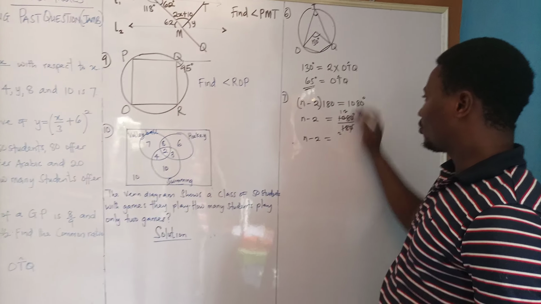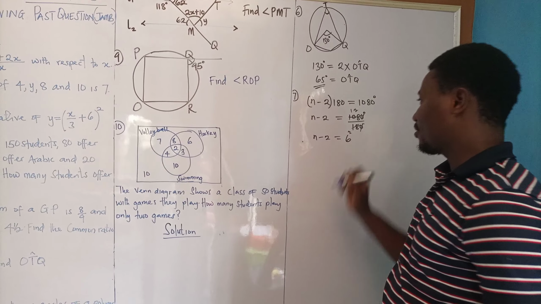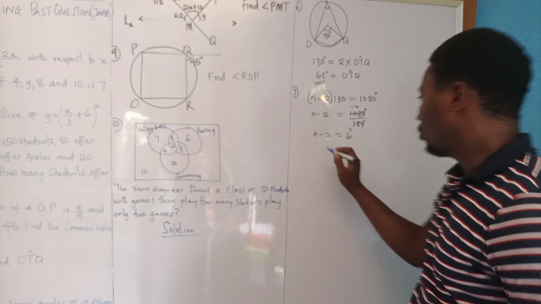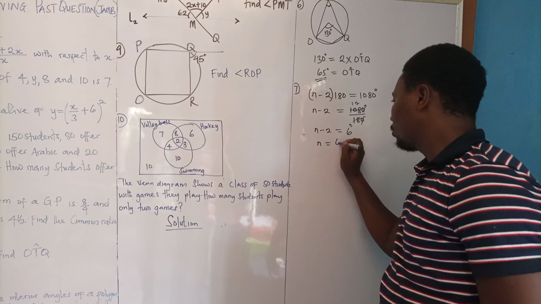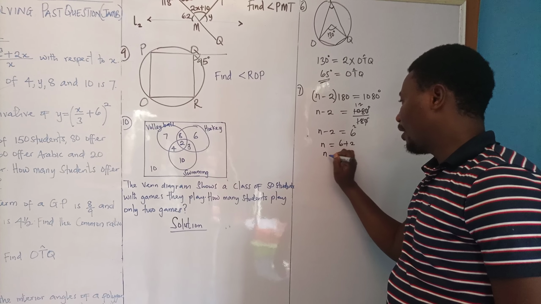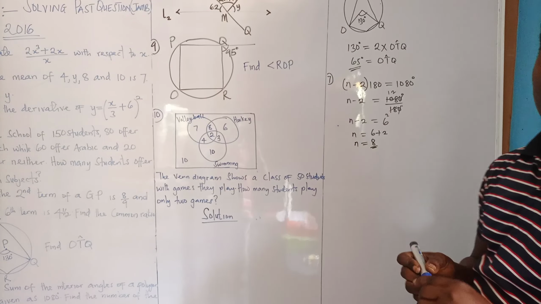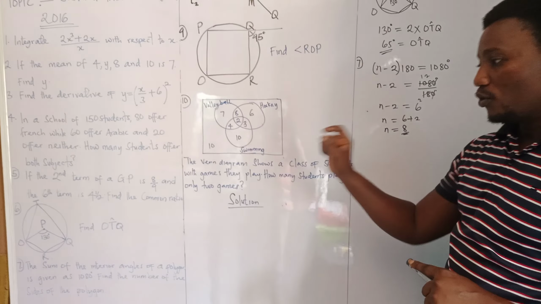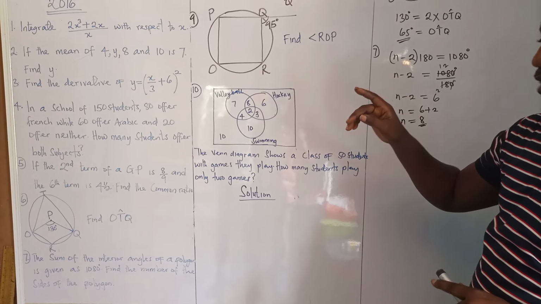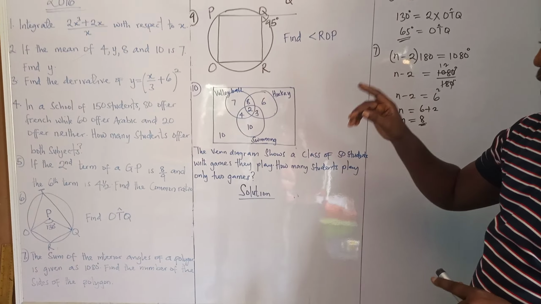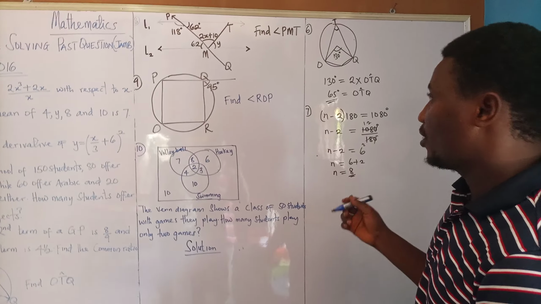So finally, 2 in 12 is 6. So you have n to be equal to 6 plus 2. N is 8. That is to say, the number of sides of that polygon whose sum of interior angles is 1080 is 8. So we move to question number 8.